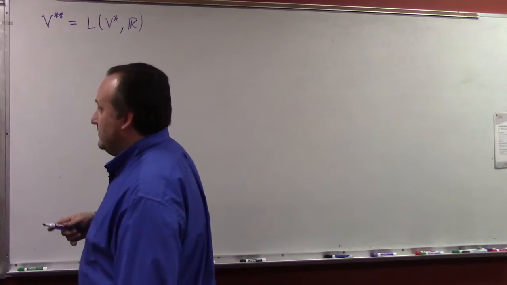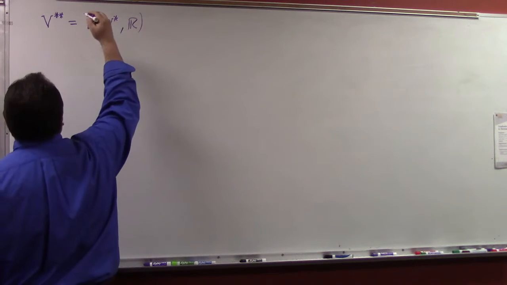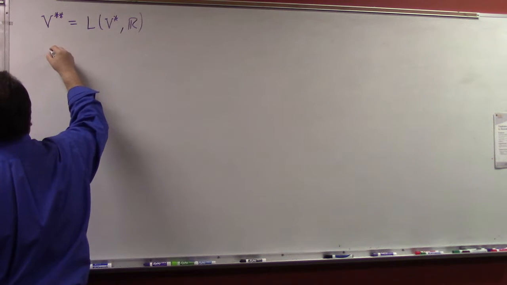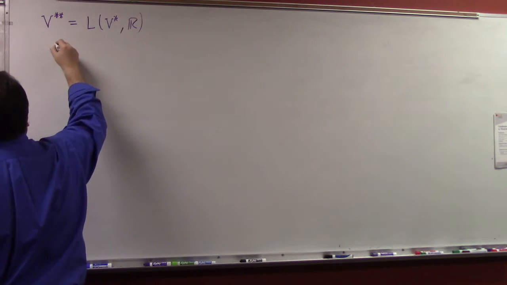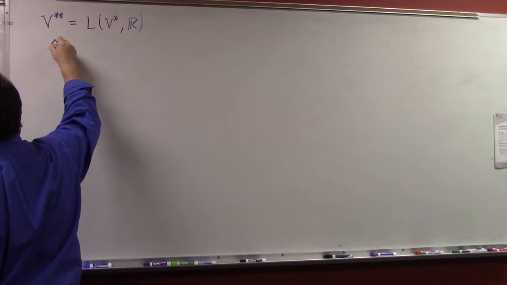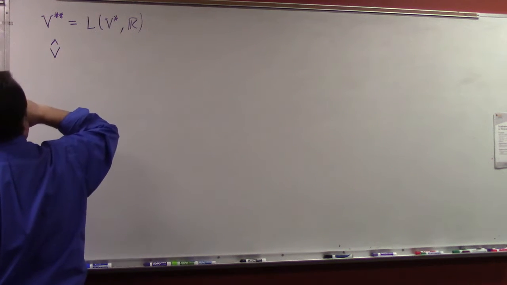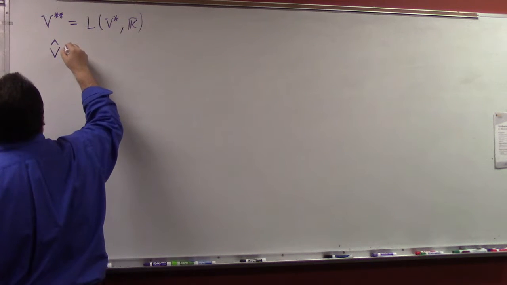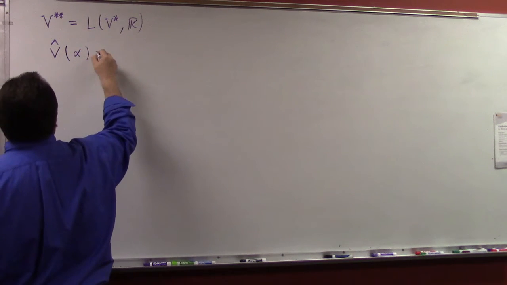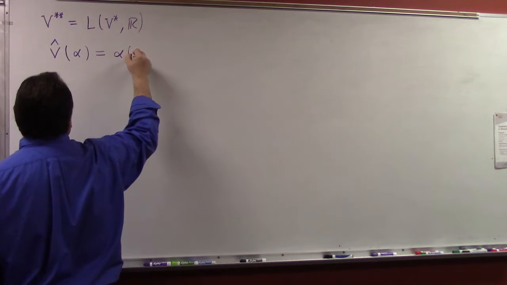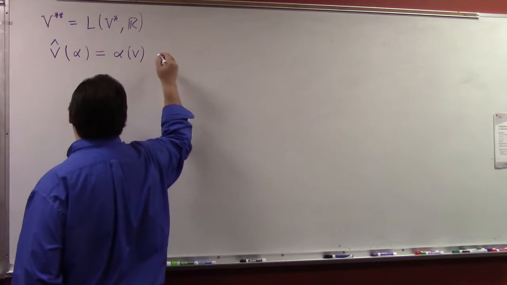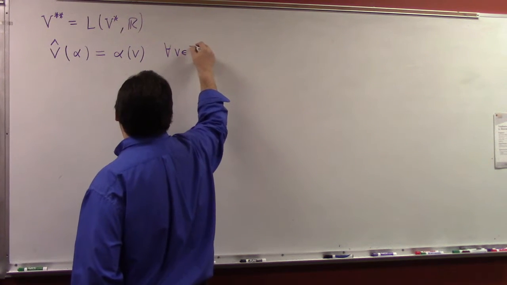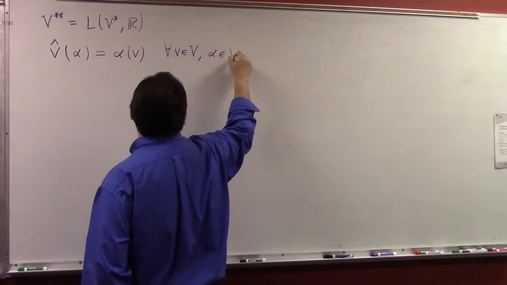So here's the typical notation: V hat of alpha is going to be equal to alpha of V, for all V in V, alpha in V dual.